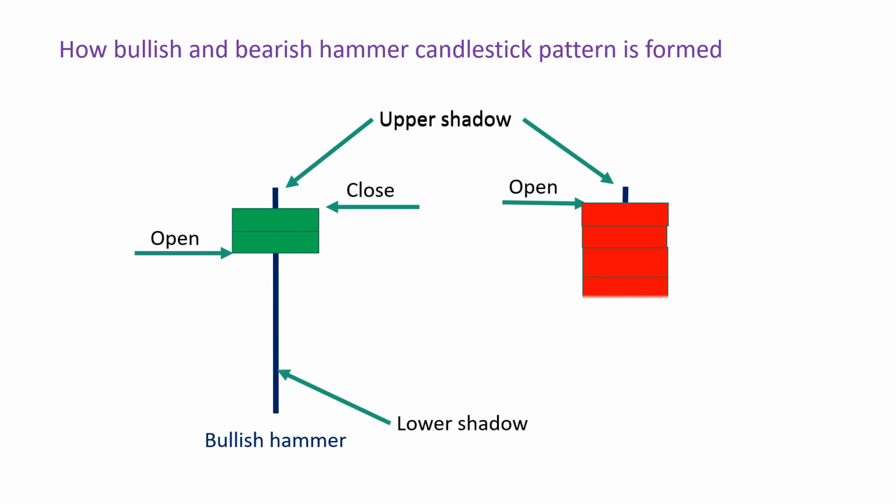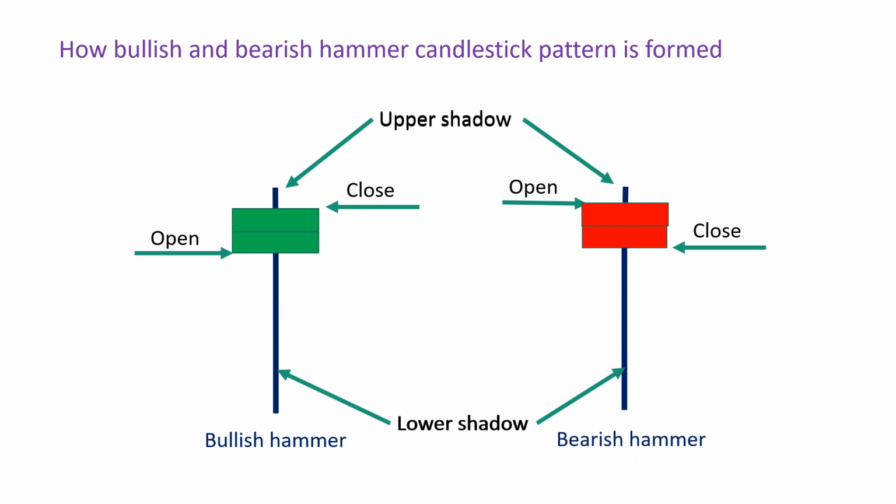The sellers push the price lower and lower, all the way down here, and again the buyers don't want this lower price and push the price higher, all the way up to here, leaving a lower shadow, and the price closes at this point. So this is a bearish hammer but with bullish power. Both of them have a strong bullish power. This is how bullish and bearish hammer candlesticks are formed.